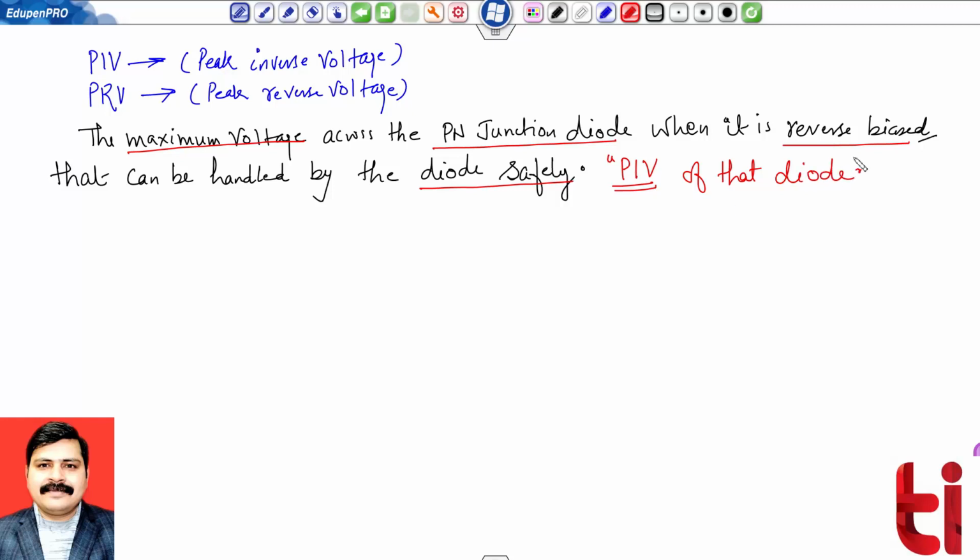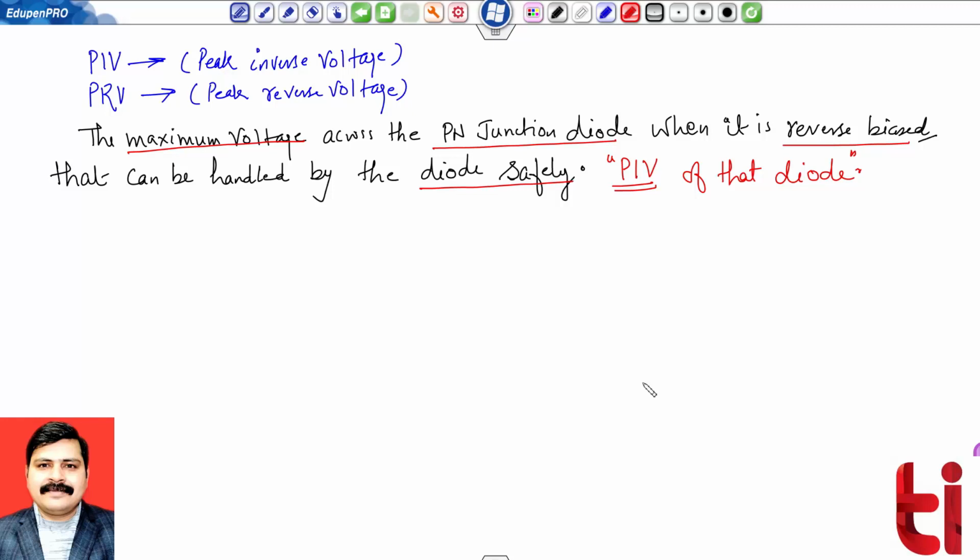So this is a very interesting specification. It ensures that if in reverse bias I keep my reverse bias voltage less than PIV, there is a guarantee of survival of the ordinary PN junction diode. So this rating is very, very important, and it depends upon the manufacturer.